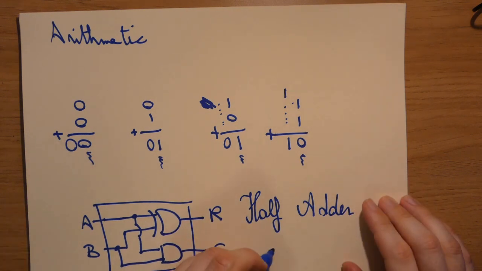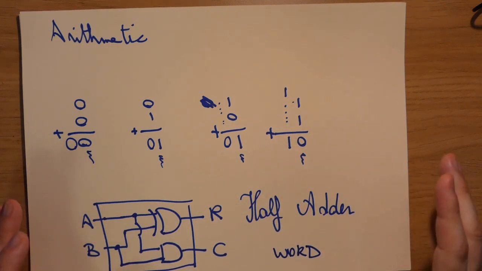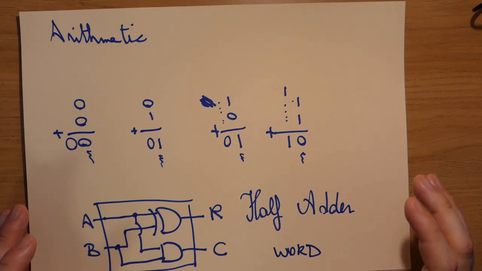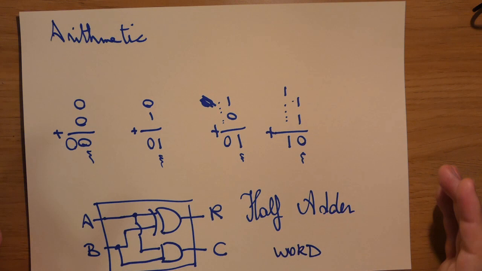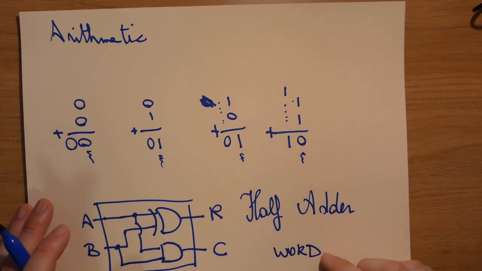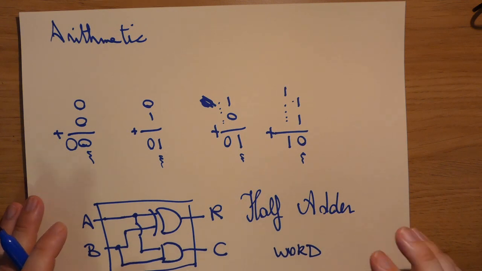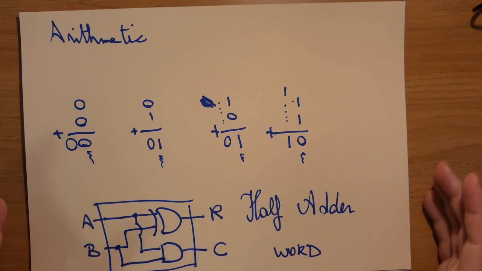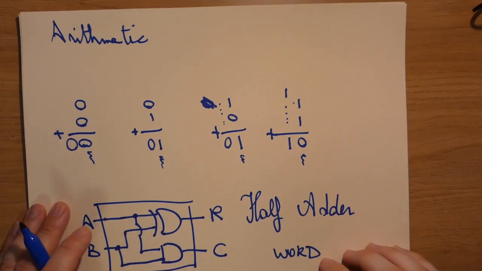Now, what we mean with a word in the context of a CPU is it's basically the size of memory that is the most natural and the most efficient to be used by that particular CPU.